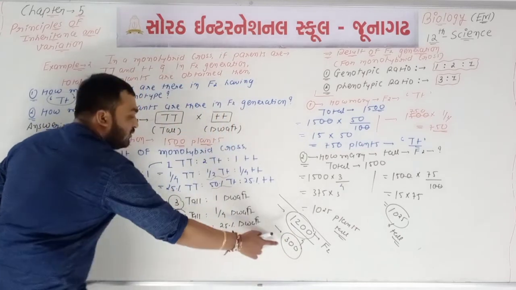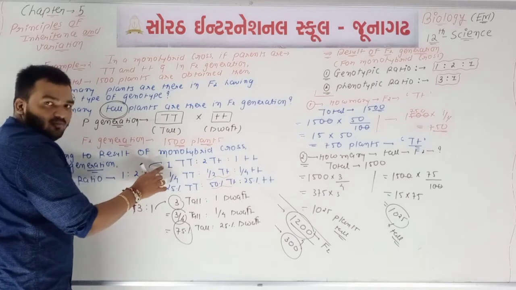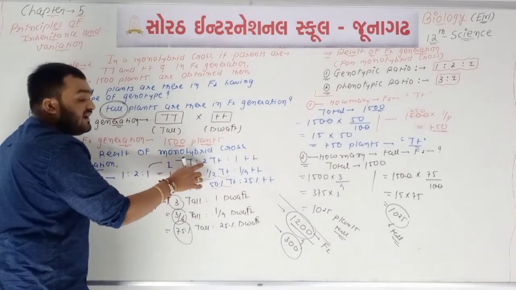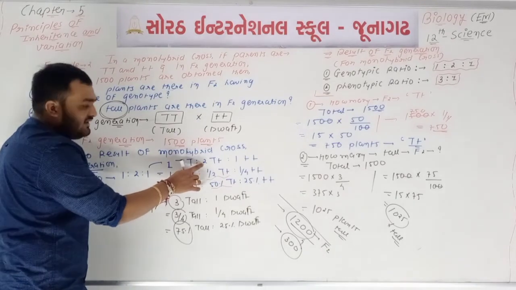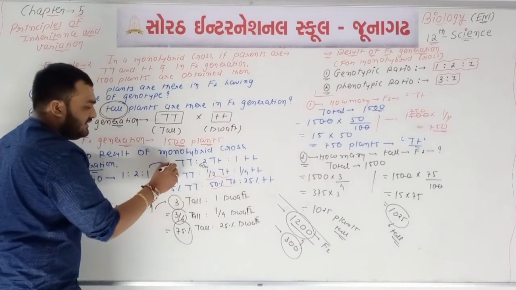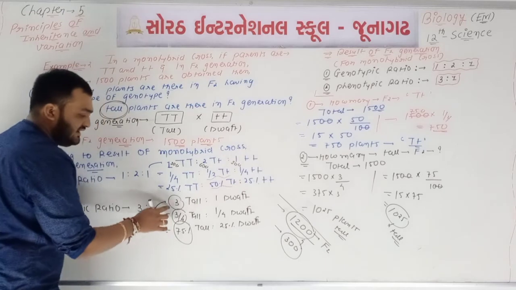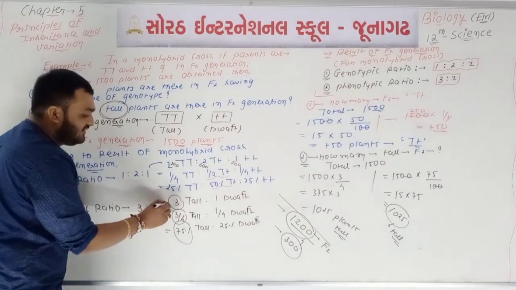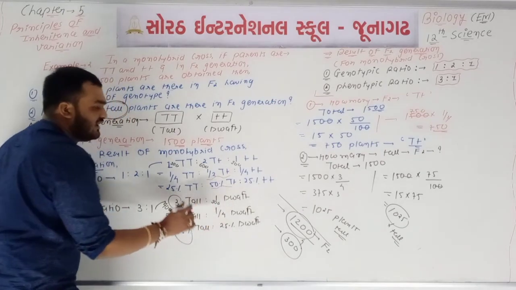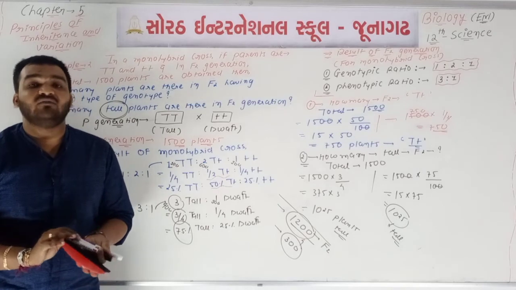Now put this value in all: 300 multiplied by 1, so 300 capital T; 300 multiplied by 2 for capital T small t, means total 600; here 300 small t; and 300 multiplied by 3 means 900 tall. Whatever number you have, divide it by 4.